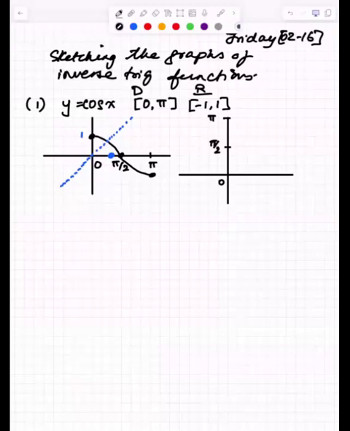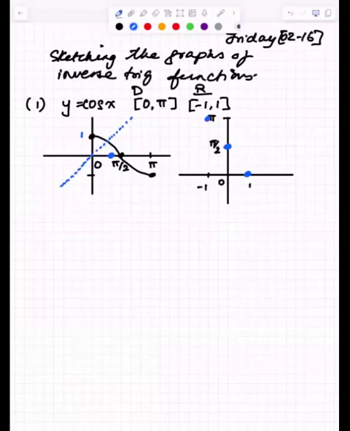And the y, which was going from -1 to 1, will now be the x, which is going from 1 to -1. Okay, and now we can just flip these points. 0, comma 1 will become 1, comma 0. Pi over 2, comma 0 will become 0, comma pi over 2. Pi, comma -1 will become -1, comma pi.